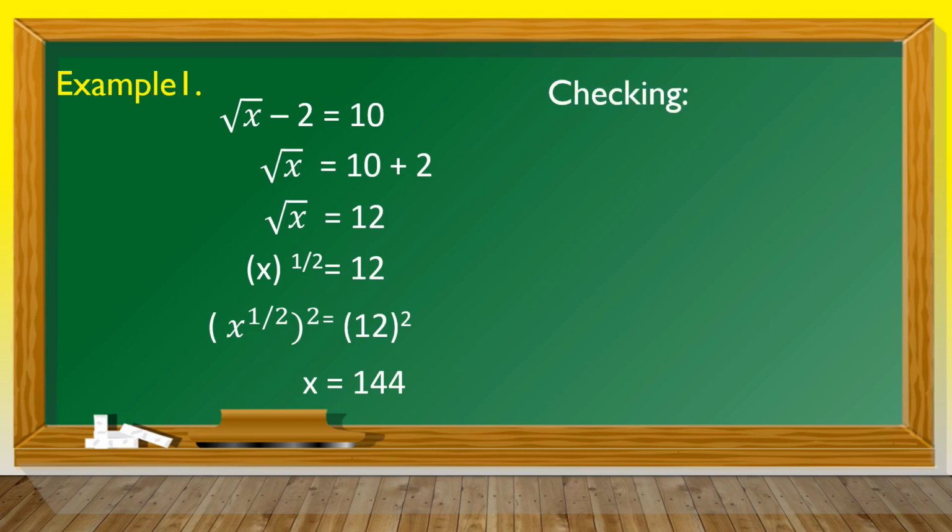Let's check if this value 144 satisfies the given equation. So let us substitute the value of x, 144, to the original equation. So square root of 144 minus 2, is it equal to 10?